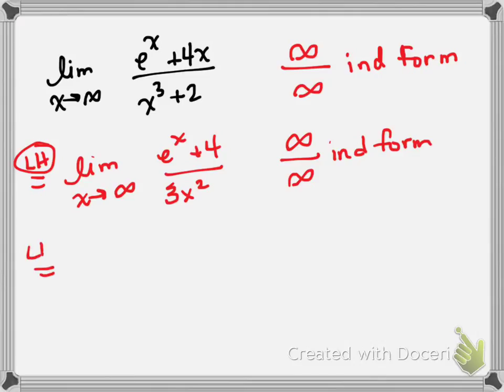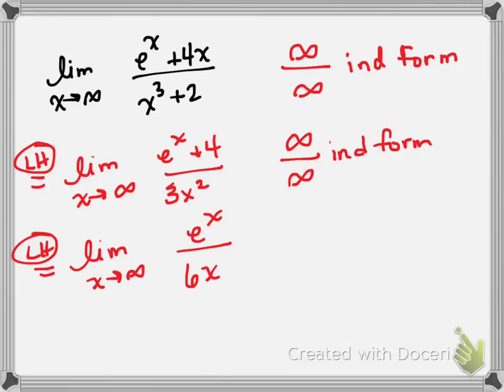And so we get the limit as x goes to infinity of e to the x over 6x. And you might look at this and say, okay, I'm going to try to evaluate this again, and I still get infinity over infinity, which is an indeterminate form. But what you'll notice is that the denominator is actually changing quite a bit, each time the degree is going down by 1, while the numerator stays as e to the x.